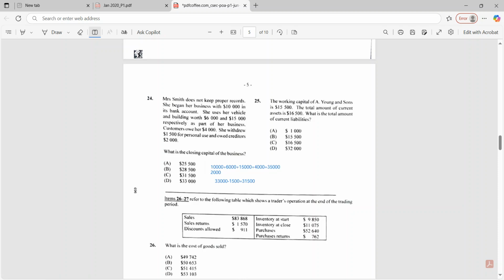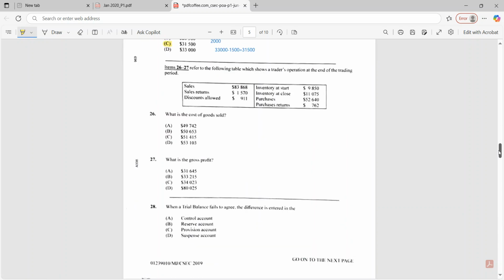All right, so 31,500 therefore would be our answer. So we used the formula, which is capital is equal to assets minus liabilities.